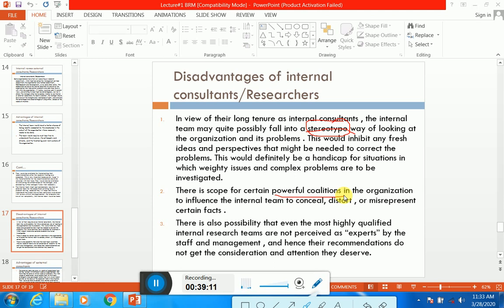Like, suppose I'm an internal researcher. I do research in the finance department, but let's suppose the supervisory attitude or behavior of the manager is not appropriate with the subordinates. On the other hand, the finance manager is very close to me.